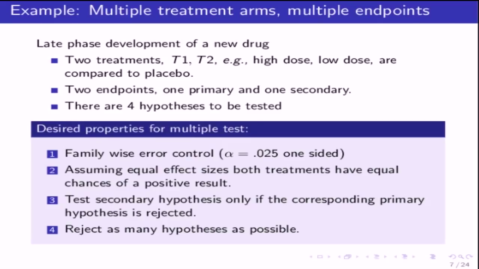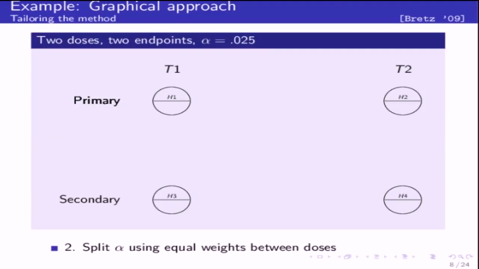So I'm now on slide 7, and I will move to the next slide. So please click. So now you can see how you can visualize the multiple testing procedure we are interested in.